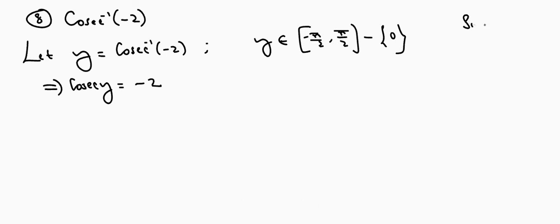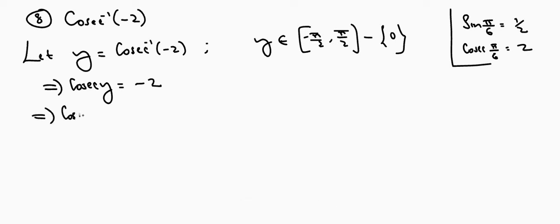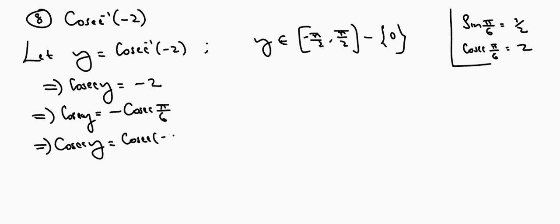Actually sine 30 degrees, that is sine pi by 6, is 1 by 2. Then cosec pi by 6 is 2 by 1, which is equal to 2. Then we can write cosec y equals minus cosec of pi by 6. Minus cosec theta we can write as cosec of minus theta.